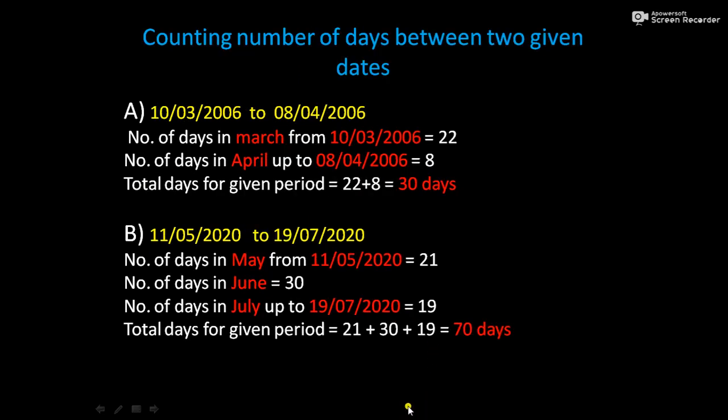Similarly, in the previous example, this is the ending date, so it is 8, and I have written 8 here, and here I have written 19. So for the ending date it is very easy to find the number of days. You just have to write this number as the number of days for the ending month.